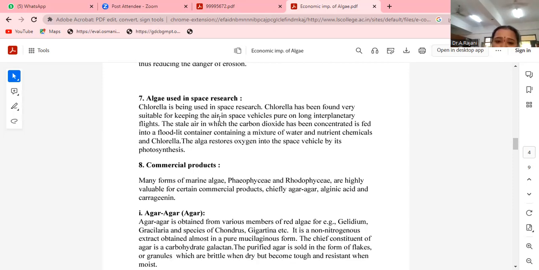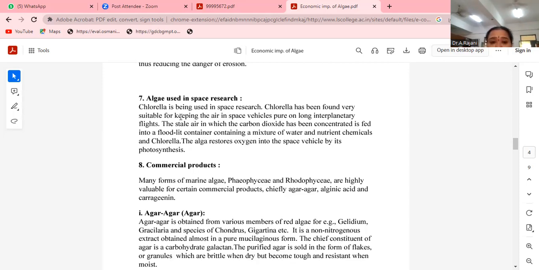When going to space, the oxygen level goes down. At that time, Chlorella can be kept for purifying the air on long interplanetary flights. The carbon dioxide concentration is fed into the chamber, and Chlorella chemically restores oxygen into the space vehicle by photosynthesis.